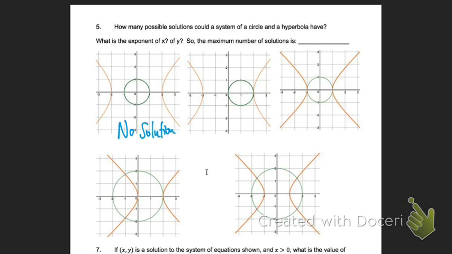Second one has 1, third, 2, fourth, 3, right here. You might want to label them. And then the last one, 4. So this is just some pictures. The most you can have is 4.